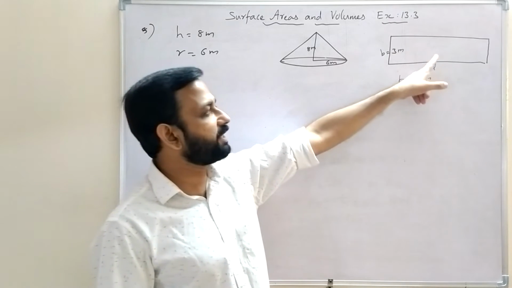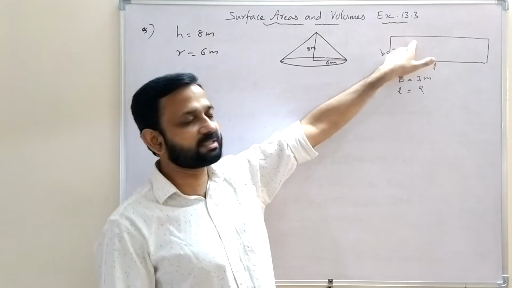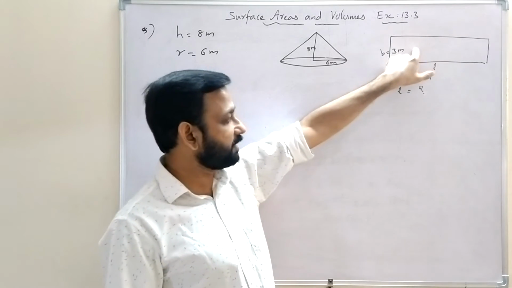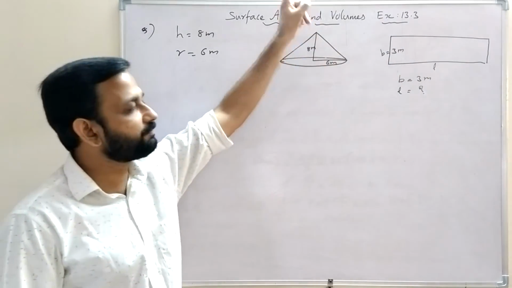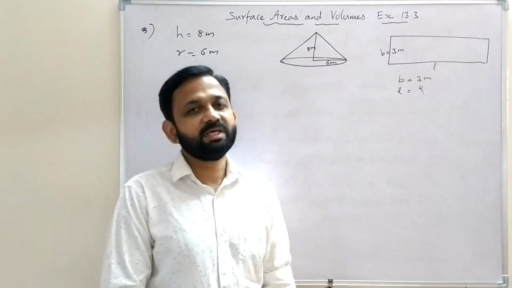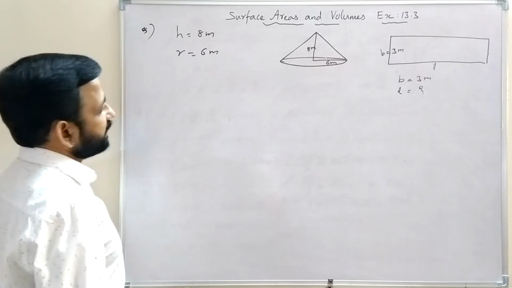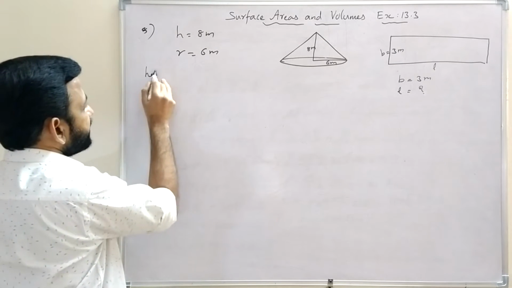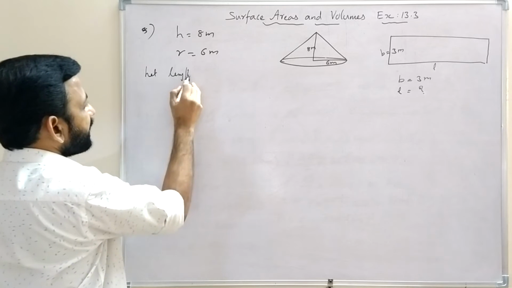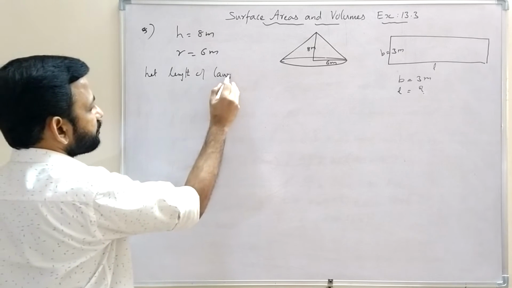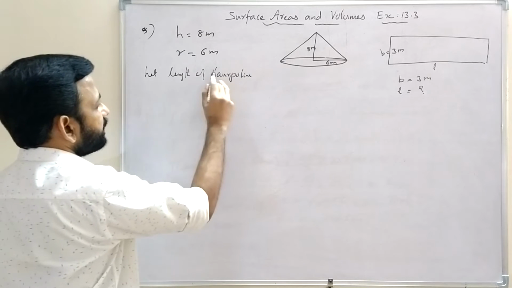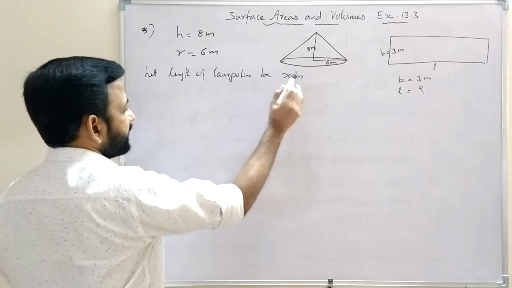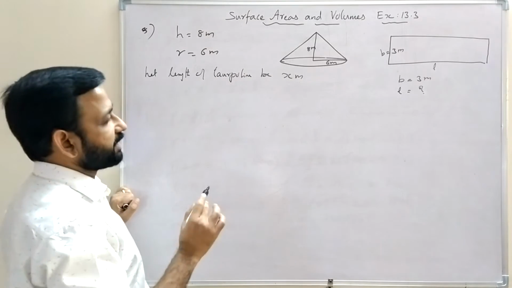So area of tarpaulin in rectangle sheet is length into breadth. So length into 3 meter equal to curved surface area. From there we will get the length of the tarpaulin. So we can take the length of the tarpaulin to be x meter. Let the length of the tarpaulin be x meter.